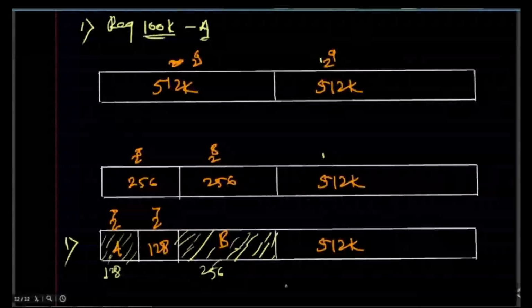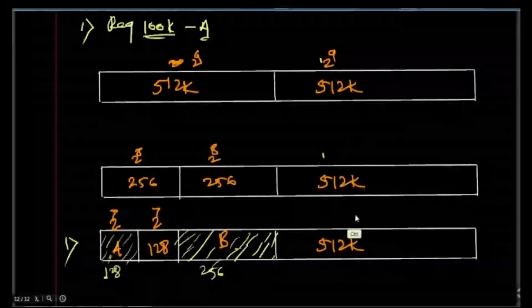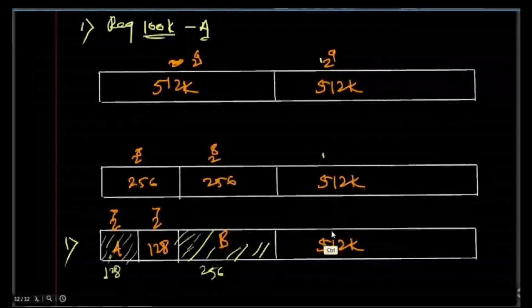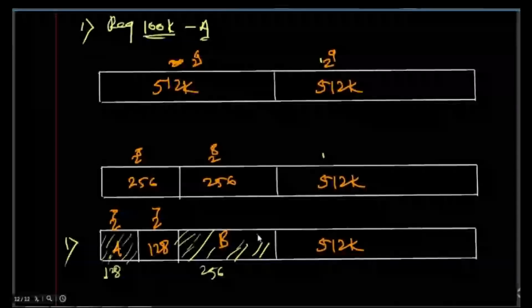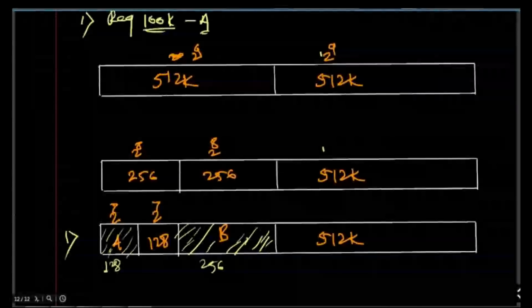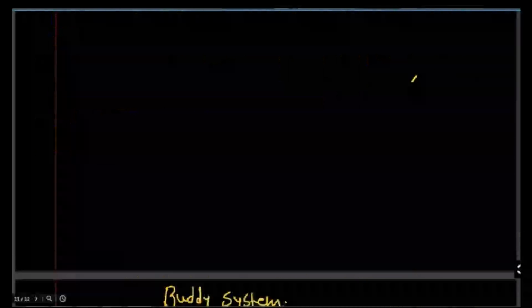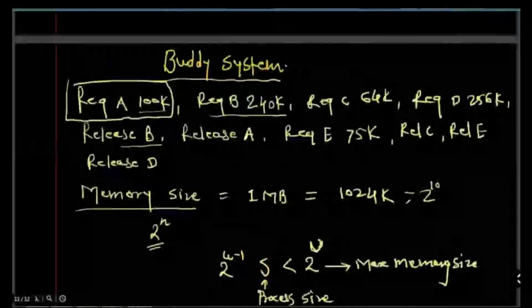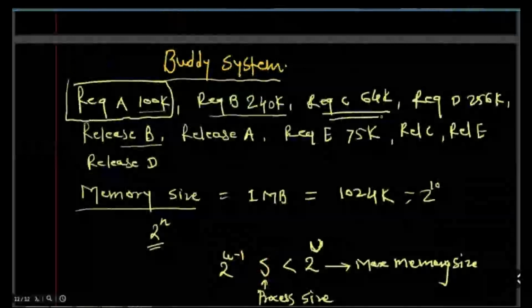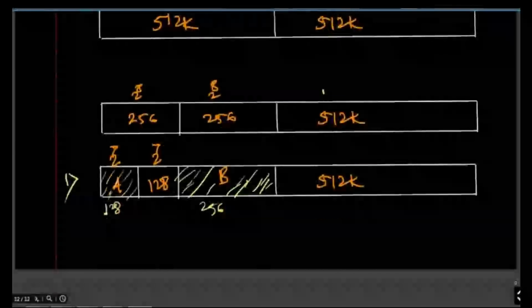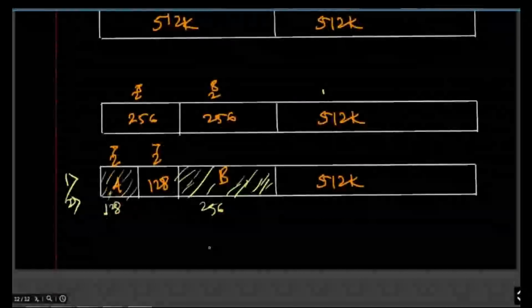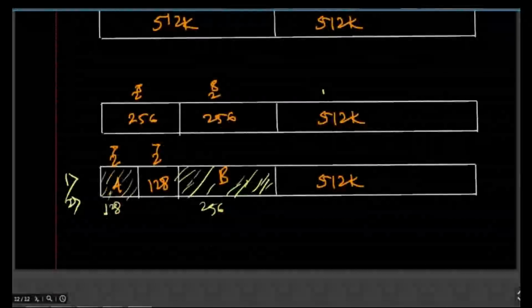Now what is the next request? The third request is 64K. Now let me copy this. This is for step one, and the second step we have copied here.